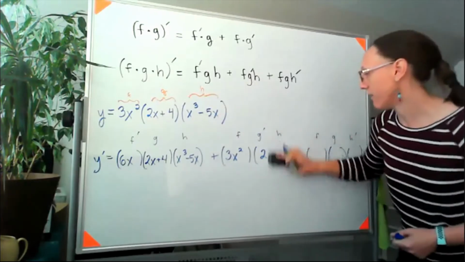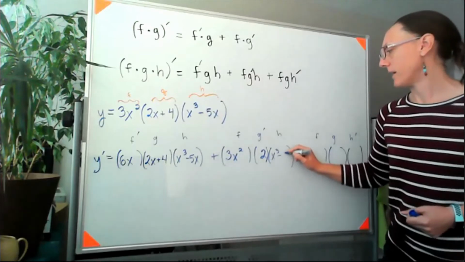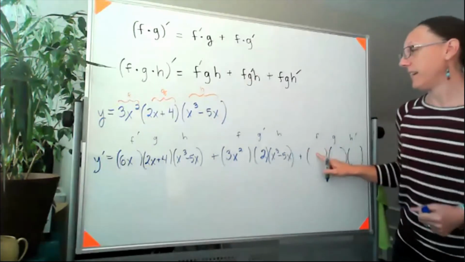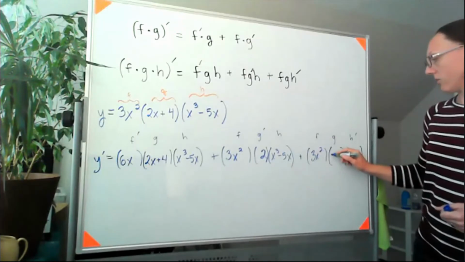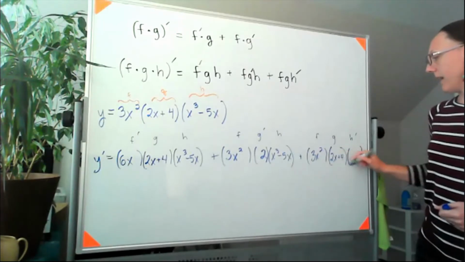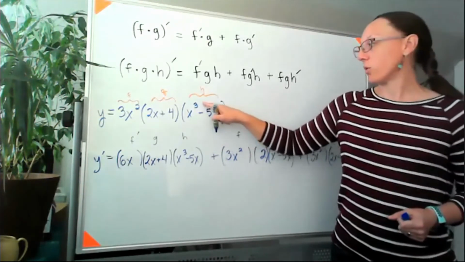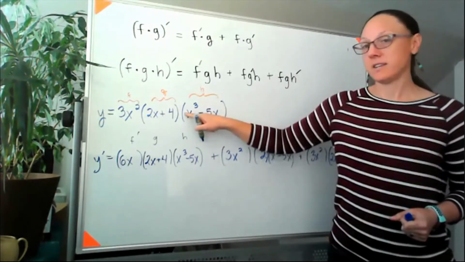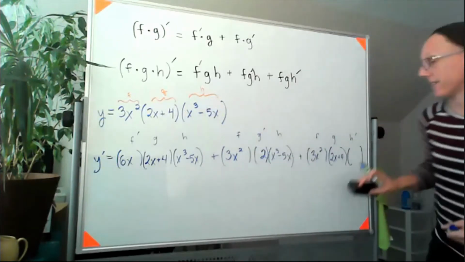And I didn't really give myself a lot of space there, but x cubed minus 5x. Here I'm going to leave my f alone. I'm going to leave my g alone. And for h prime, I need the derivative here. So 3 times 1 is going to give me a 3. And then subtracting 1 from the exponent, that'll be an x squared.